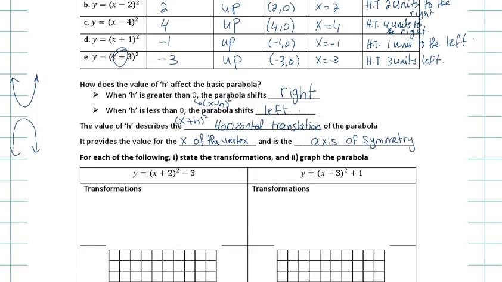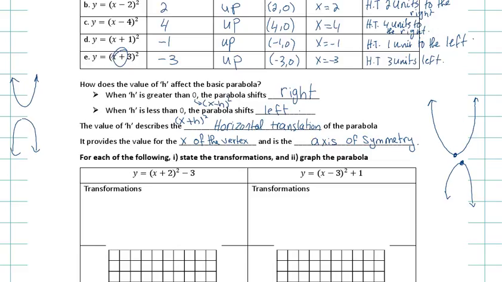I just want to quickly recap this, okay? The parabola is always going to look either like this or like this, right? This is the shape. The vertex is your turning point. The vertex is a point which is x and y, right?